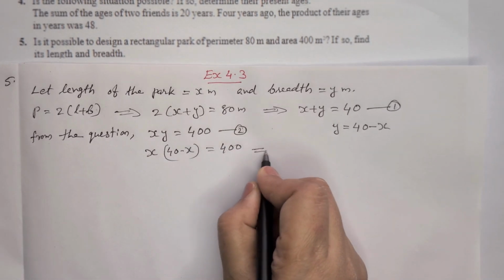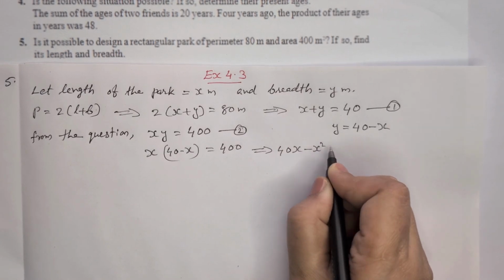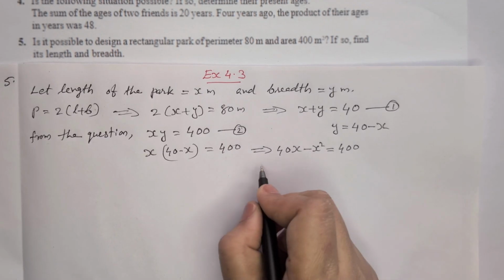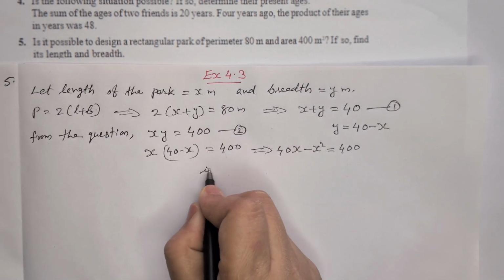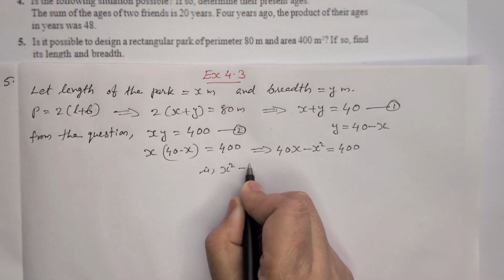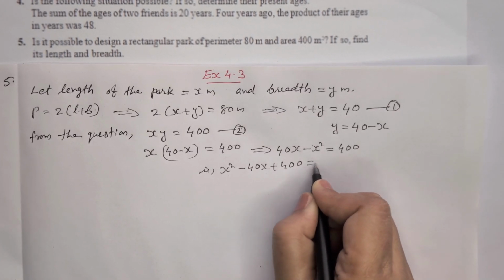When we are opening this bracket, 40x minus x square is equal to 400. That we can rewrite, x square to the other side: x square minus 40x plus 400 is equal to 0.